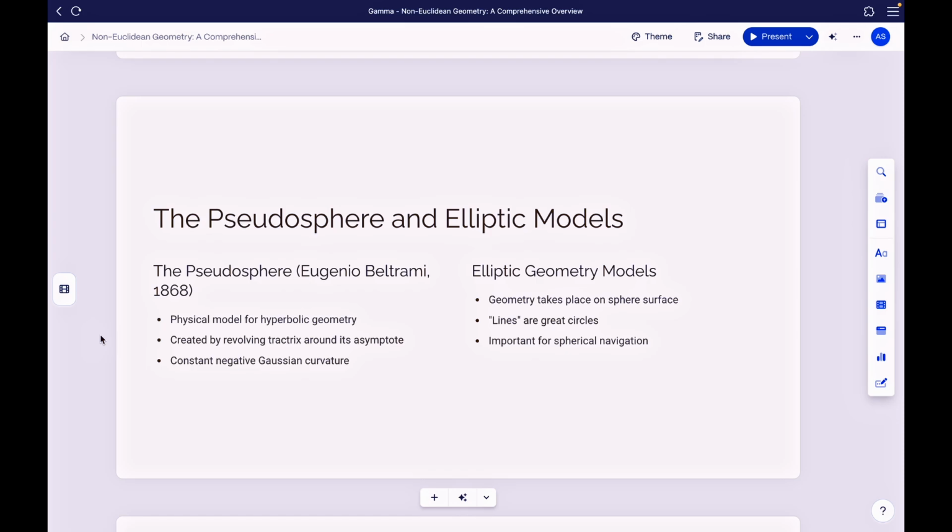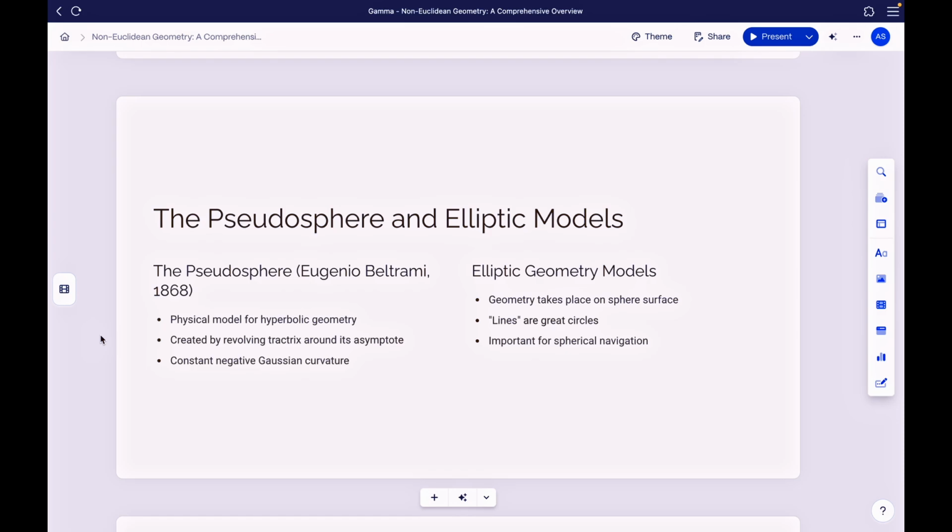This is basically the curve an object's motion makes if I pull it with a string. I know this is a very basic definition and it can get much more complicated, but that's about the gist of it. And it has a constant negative Gaussian curvature, which is a little different than the curvature as we know it, as I said that elliptic models have constant positive curvature instead of constant negative curvature.